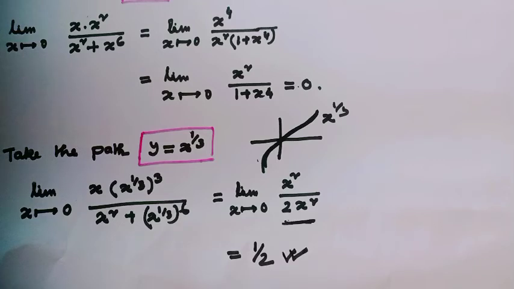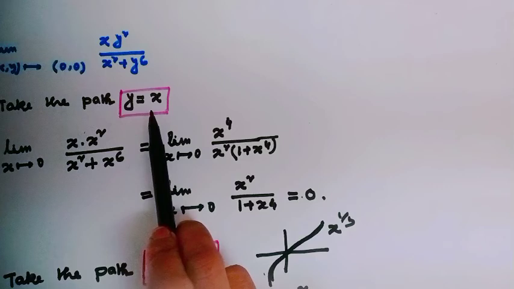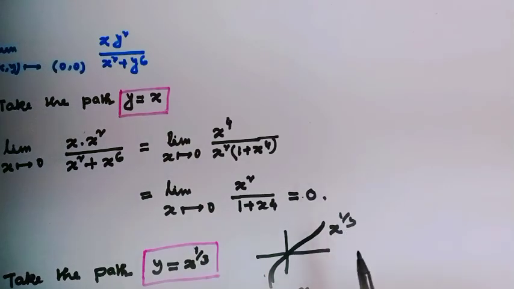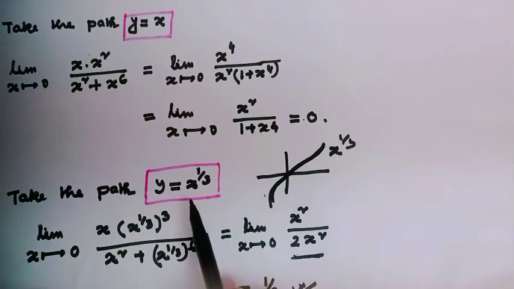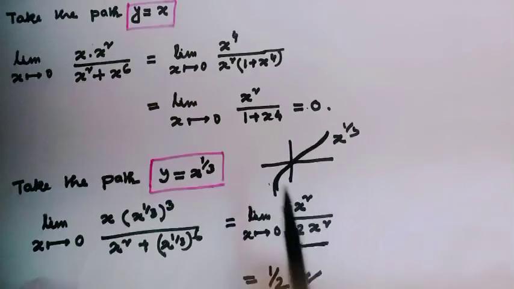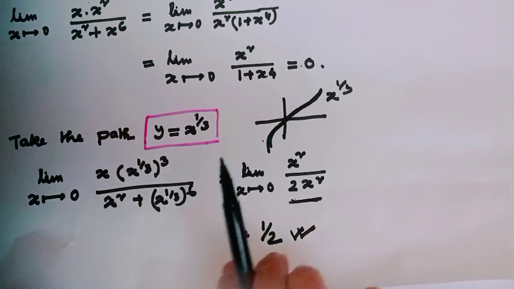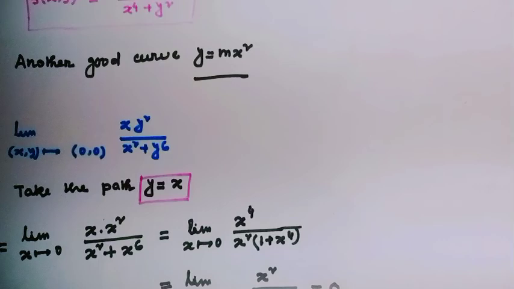Therefore, I have got two different paths. Along the line y equal to x, the value is 0. And along the path y equal to x to the power 1/3, the value is half. So the limit cannot exist for this function. Are you getting my point?